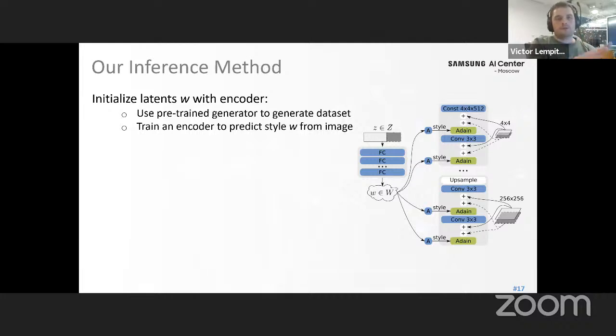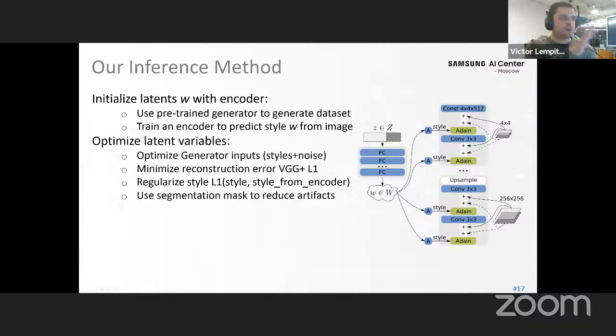Most works on inverting StyleGAN, including ours, try to do inference in W space, not in Z space, because doing inference in W space is much easier, and you still can do a lot in W space.